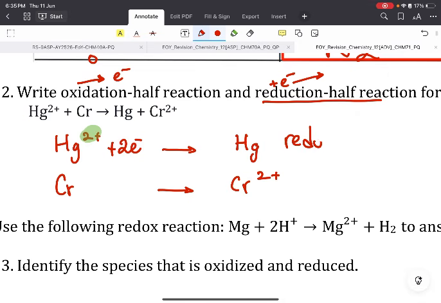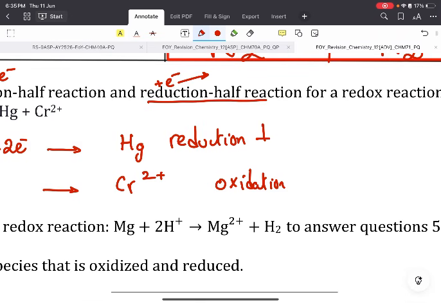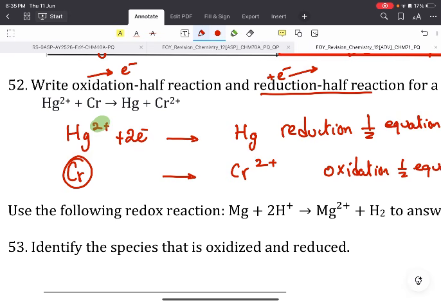If this is the reduction half equation, then the other one is gonna be the oxidation half equation. So I have here neutral, 0, and I have here plus 2. So I'm gonna add 2 electrons on this side to balance the charges.